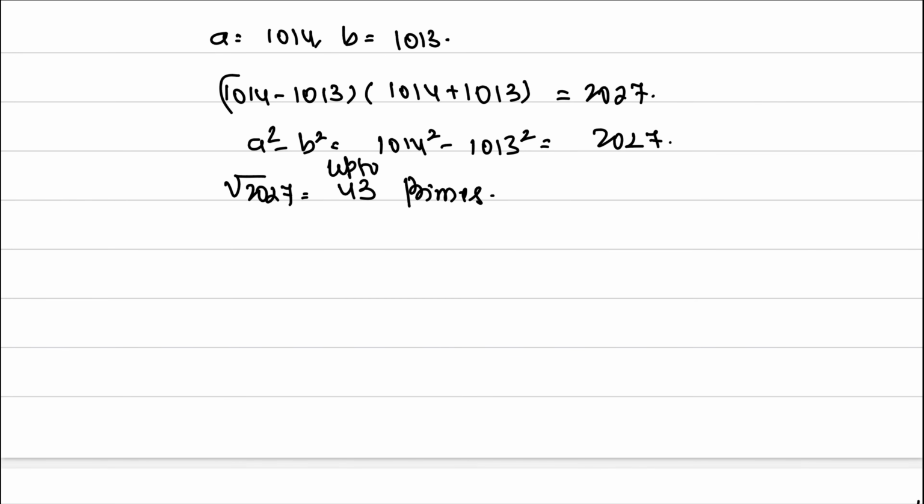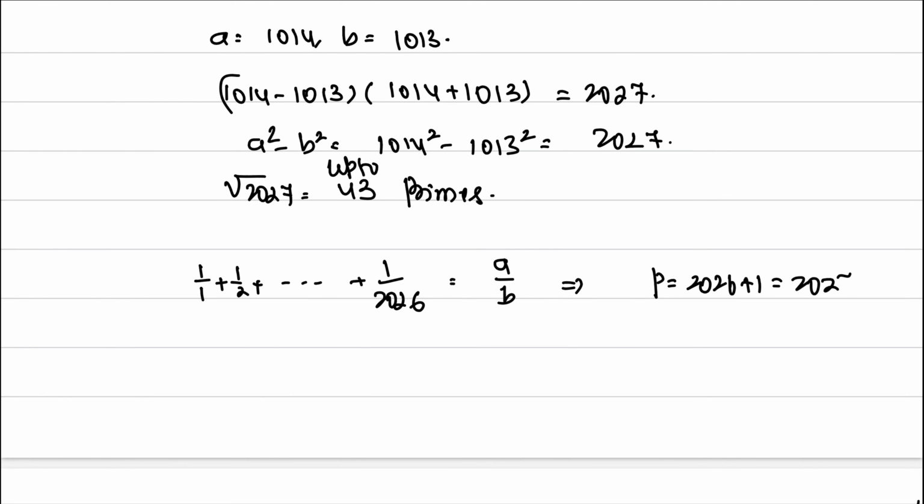Now, what is Wolstenholme's theorem? Wolstenholme's theorem says, 1 by 1 plus 1 by 2 plus up to 1 by 2026 is equal to a by b, implies p is equal to 2026 plus 1, that is 2027, is a prime. Hence it implies that a is equivalent to 0 mod p square.